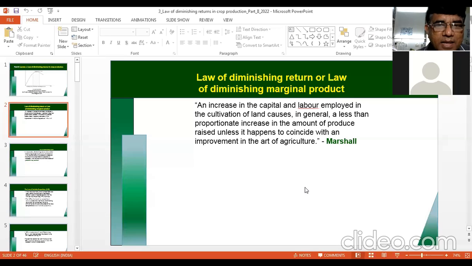In general, in less than proportion, as you increase the amount or size of these resources, the output increase is smaller. The quantity of change is less. That is your law of diminishing return.